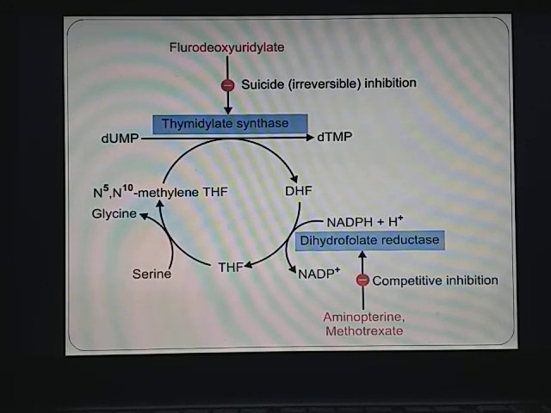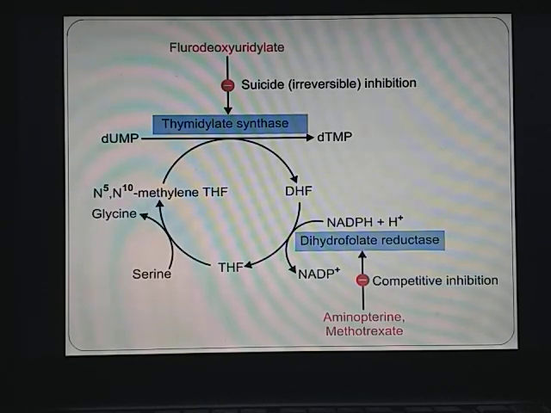So what is this suicide irreversible inhibition? Enzyme inhibition is of two types, reversible inhibition and irreversible inhibition. In irreversible inhibition, the inhibitor binds to the enzyme covalently, that is more tightly, and it cannot be reversed. Suicide inhibition is a type of irreversible inhibition where the inhibitor is converted into a more potent form and inhibits the enzyme.